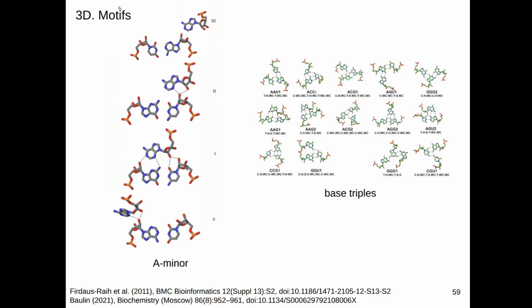We have two main types of A-minor, so this is type 1, this is type 2, and they were introduced when they were identified in one of the first ribosomal RNA structures determined experimentally, near the year 2000 or 2001.